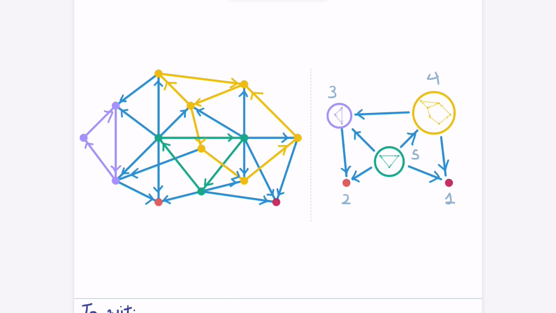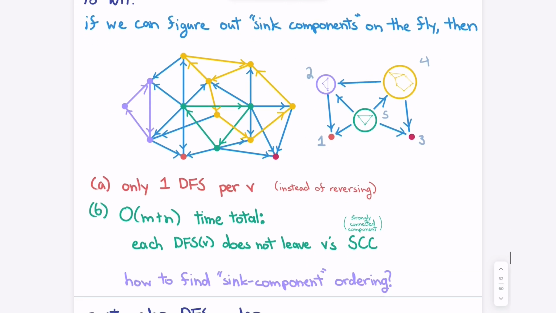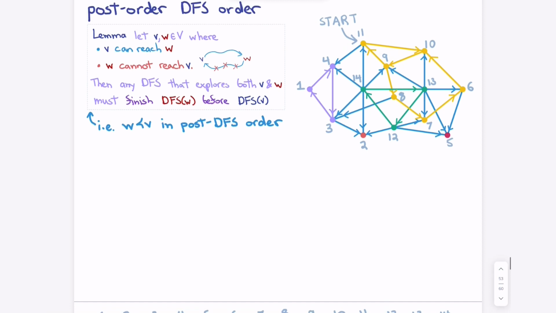Okay, so this is sort of like the topological ordering of strongly connected components. And if we can kind of implicitly identify this, we'd be in great shape. So, okay, so how do we find a sink first kind of ordering? Well, let's look at this post DFS ordering.